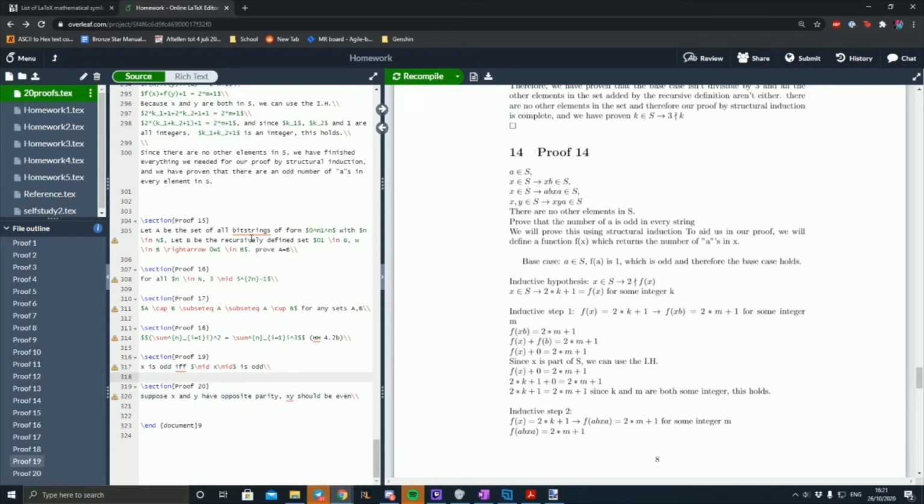Okay, let A be the set of all bit strings of the form 0 to the power n, 1 to the power n, with n in the natural numbers.